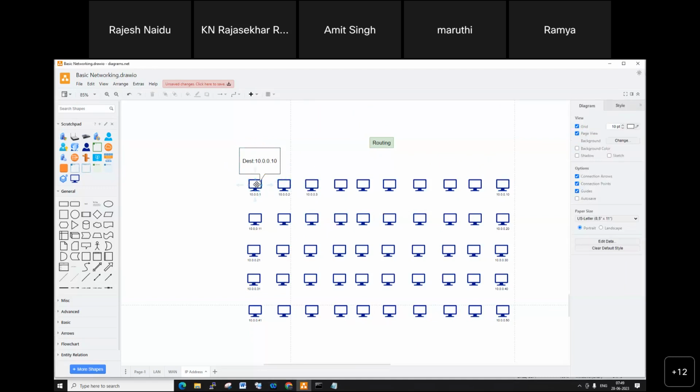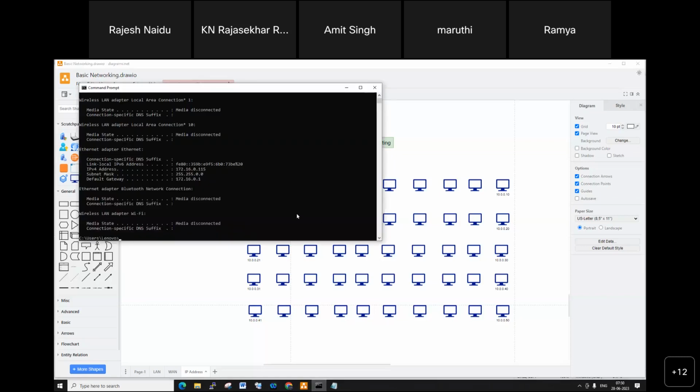Whenever the system decides to go to the destination, the internal system has routes. Based on the routes only, the system is able to communicate to the specific destination. How can you check this? The system has dedicated routes in this particular computer.